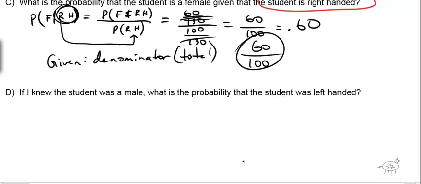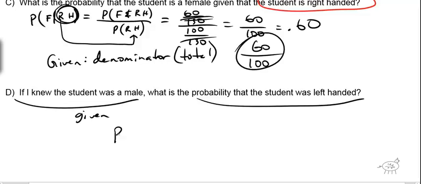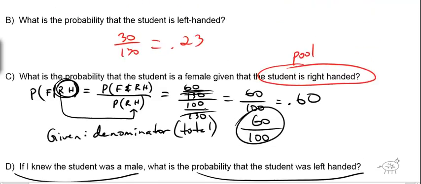So let's take a look at the next one here. If I knew a student was male, so again, I knew the student's male, so this is given. What is the probability that the student was left-handed? So my math statement here: the probability that they're left-handed given that the student's male. Again, I don't need the formula. I know the student's male. So let's see how many males we have.